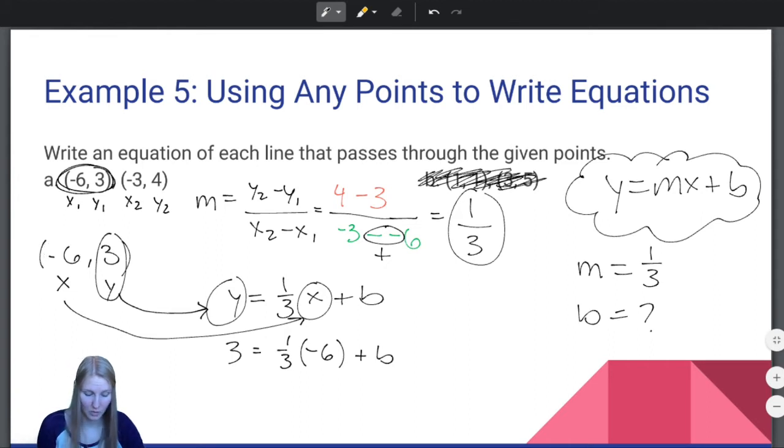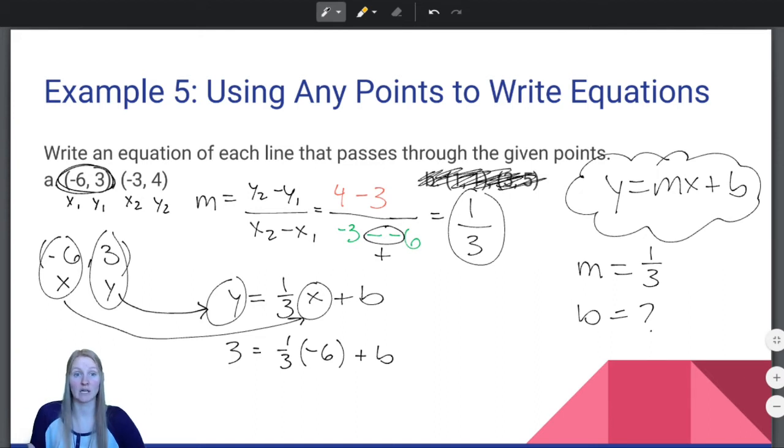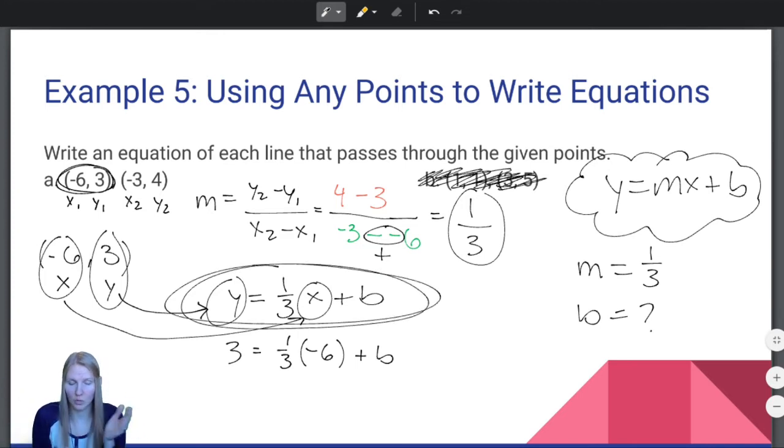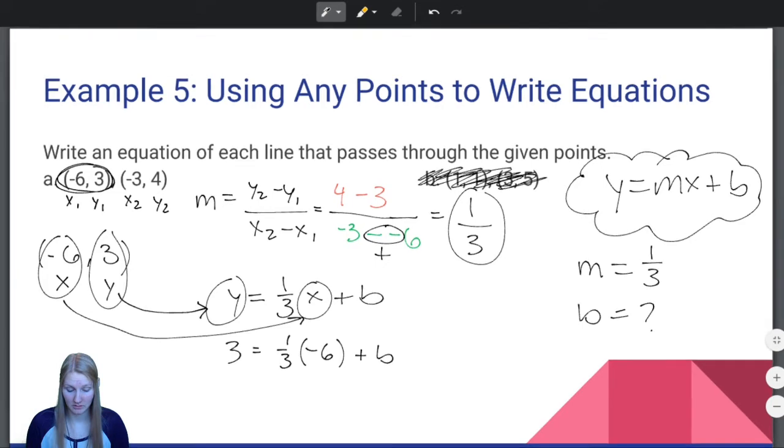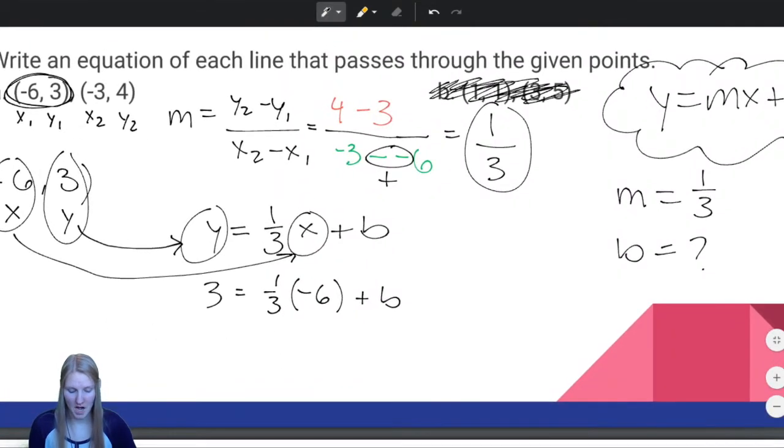Because when x is negative 6, y is equal to 3. Because this is a point where the input and the output are connected, I can plug them in to this y equals 1/3 x plus b. And I know what you might be thinking. Why? Why would we do that? Well, because look what happens. I have 3 equals 1/3 times negative 6 plus b.